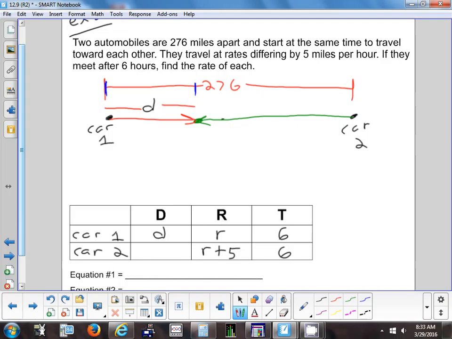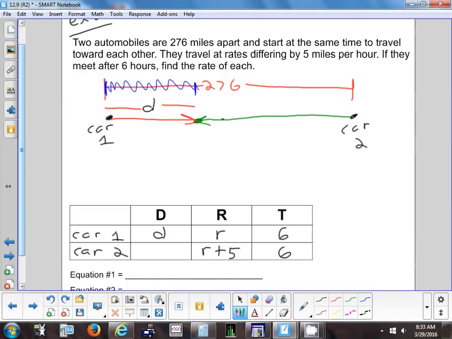Michaela? $266. Right? If I had $276 and I spent 10 of it, the rest is 266. That's how you can kind of think of this. We've already covered this distance. That's D.